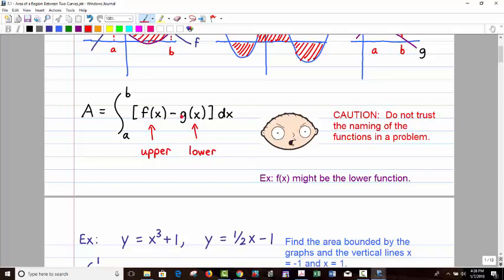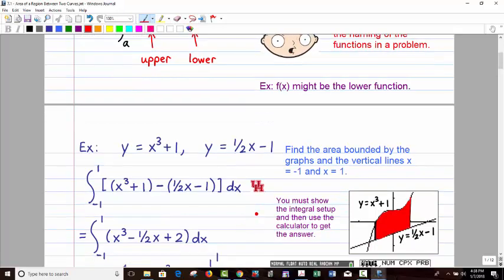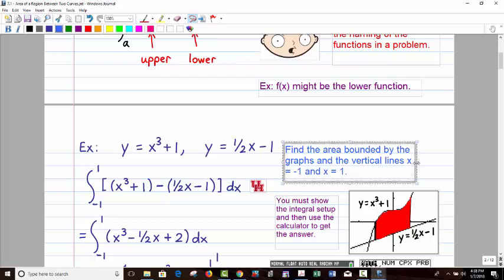All right, so let's look at this example. Sometimes the problems will put in boundaries, or sometimes you find the boundaries yourself. This is one where we are given the boundaries: x equals -1, x equals 1.